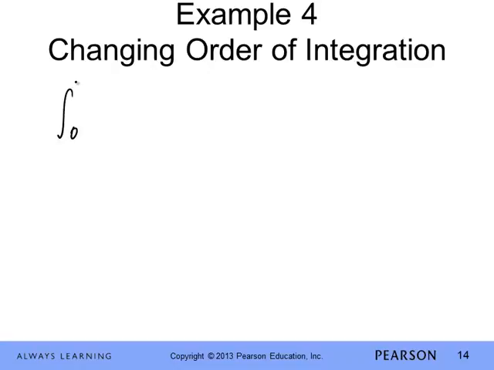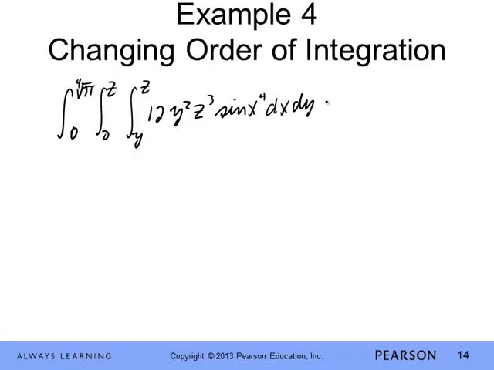Integral from 0 to the 4th root of pi, 0 to z, and y to z. And you're integrating the function 12 times y squared times z cubed times the sine of x to the 4th dx dy dz.